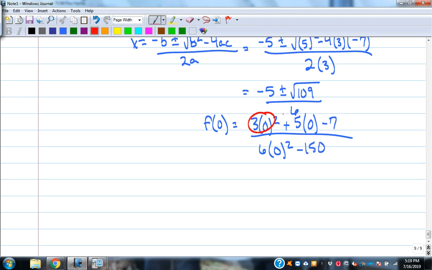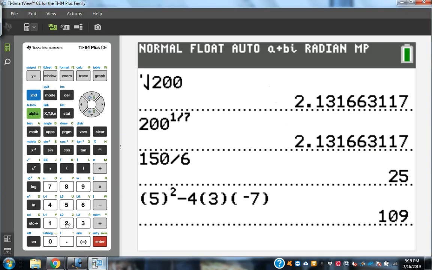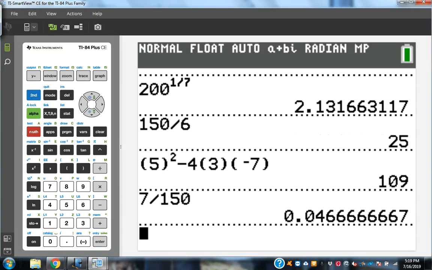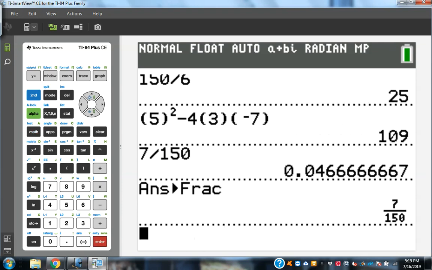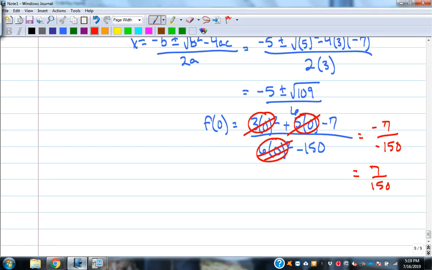Well, all of these things are zeros. They're all gone. So that's -7 over -150, which is just 7 over 150. I don't think that simplifies. I'll check it with the calculator. 7 divided by 150. And then hit math, enter. And no, it doesn't. It came back 7 over 150.